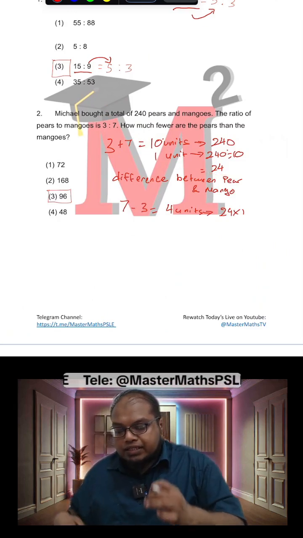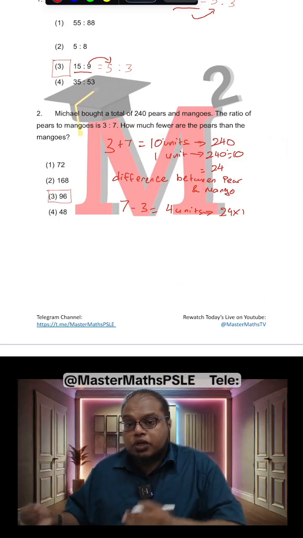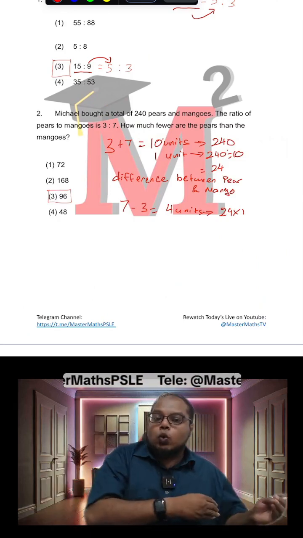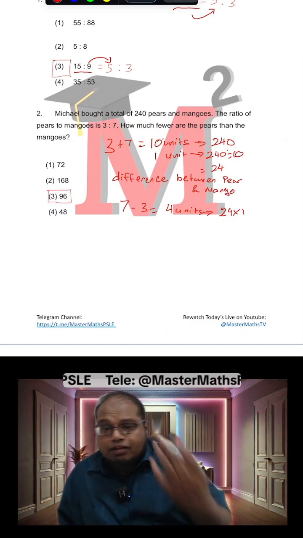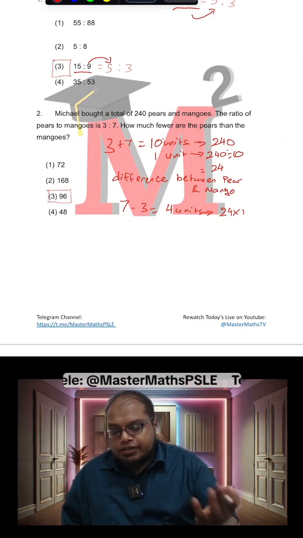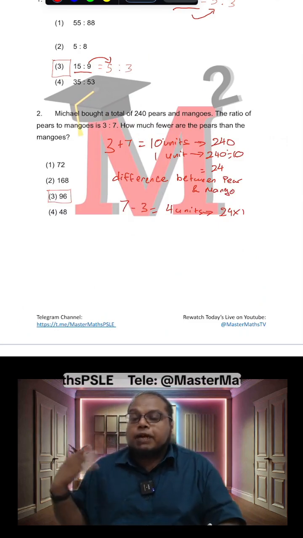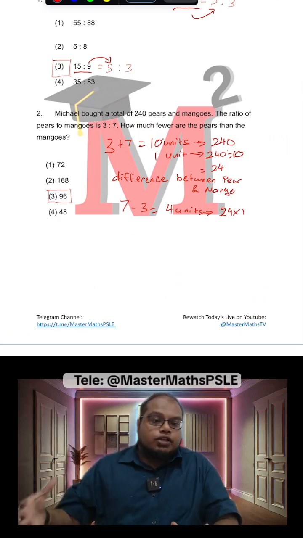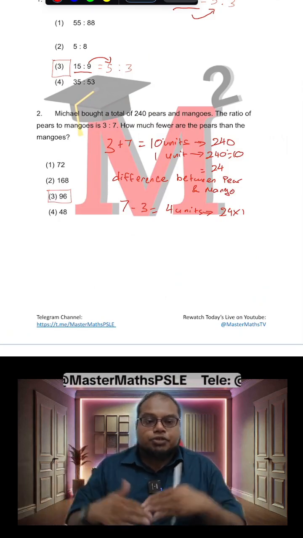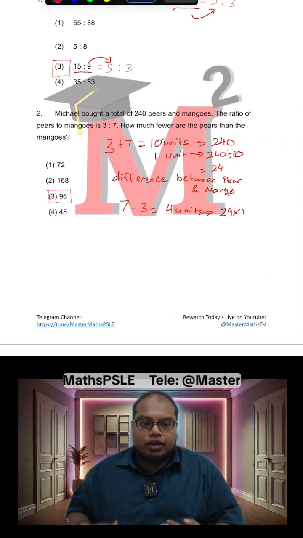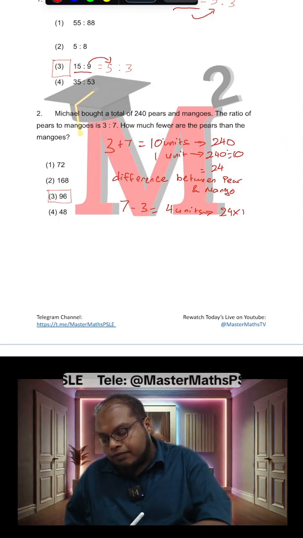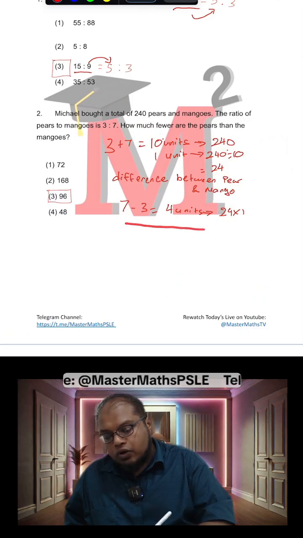They are asking for the difference between the pear and the mango. So I can firstly find the difference using units. But if some of you prefer to find 7 units and 3 units, then subtract, by all means go ahead. Okay? But if not, 7 minus 3 is 4.